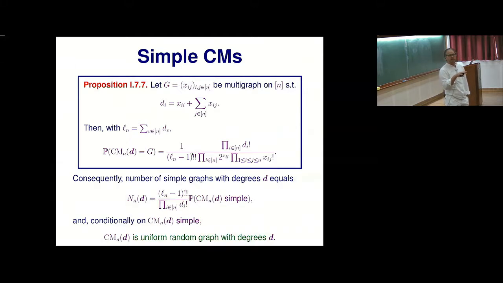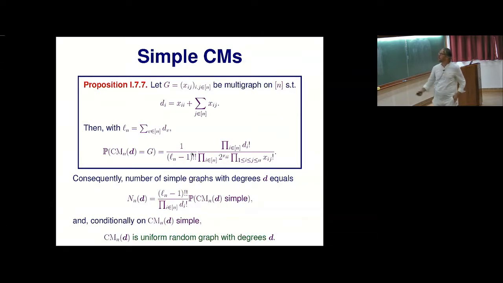And now, we start with a fixed number of half edges incident to every vertex, so that actually means that number is not going to be changing, and that means that there's restrictions on these x_ij's in the sense that if I perform this sum, then that should actually be precisely equal to d_i. And you should bear in mind here that the x_ii is counted twice, and that's because you eat up two half edges for every self-loop.